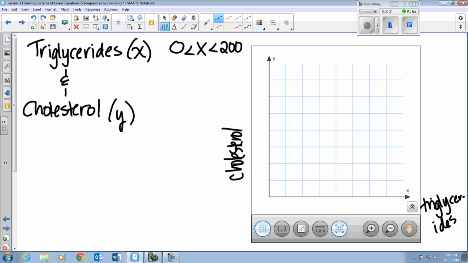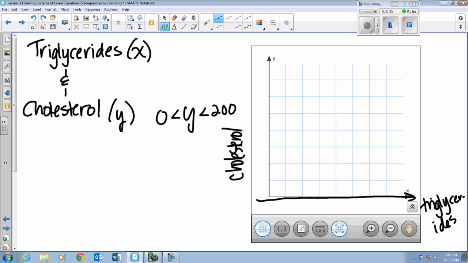I'm going to graph Y is greater than 0, that's everywhere along this line Y is equal to 0. Oops, I need it to be a dashed line. So where is Y greater than 0? Everywhere above that, right? So here's Y is greater than 0. It's all the stuff above.